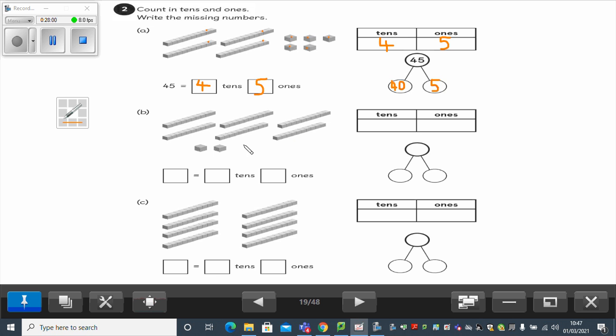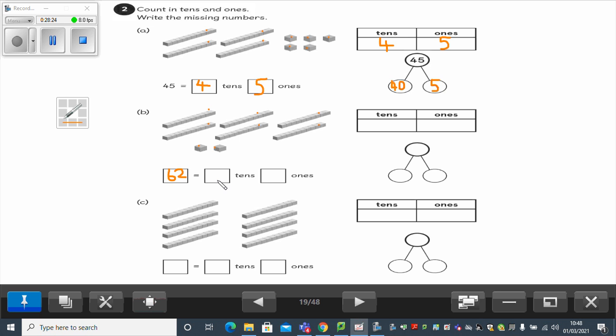So now we have to work out our whole number first. So let's count in 10s and 1s to work that out. Ready? 10, 20, 30, 40, 50, 60. Now the 1s, 61, 62. So our whole number is 62.